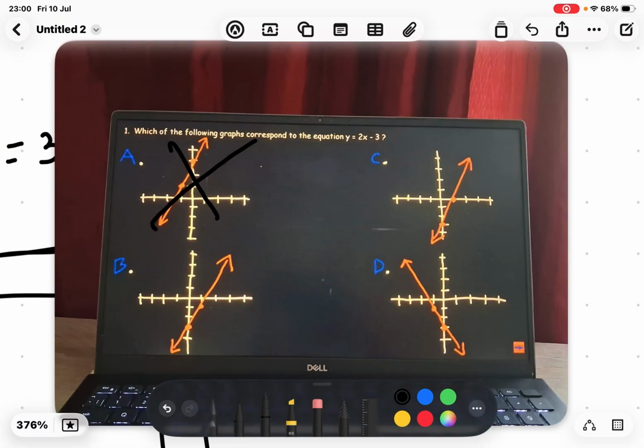What's the difference? So look, this one goes up 1, 2, 3 times, so it's not this one. And this, it's not this one because this one goes, oh wait, 1, 2. Why is it not this one?